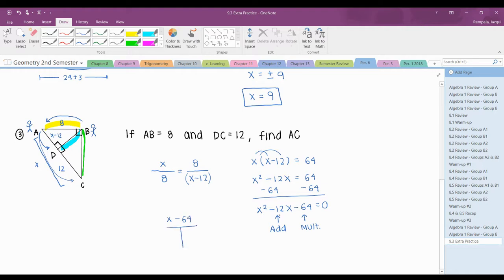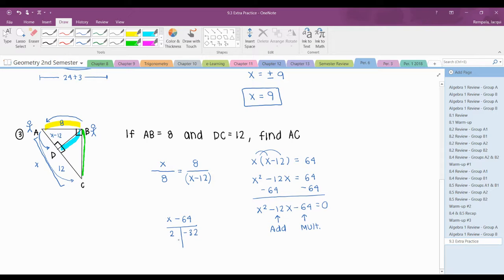But if it needs to add to negative 12, I'm not going to use 8 and 8, because then one's positive, one's negative, and that's going to turn to 0. So we have to start thinking about other numbers that multiply to 64. There's quite a few options. It's an even number, so definitely 2 goes into it. So that would be 2 and negative 32, or negative 2 and positive 32.